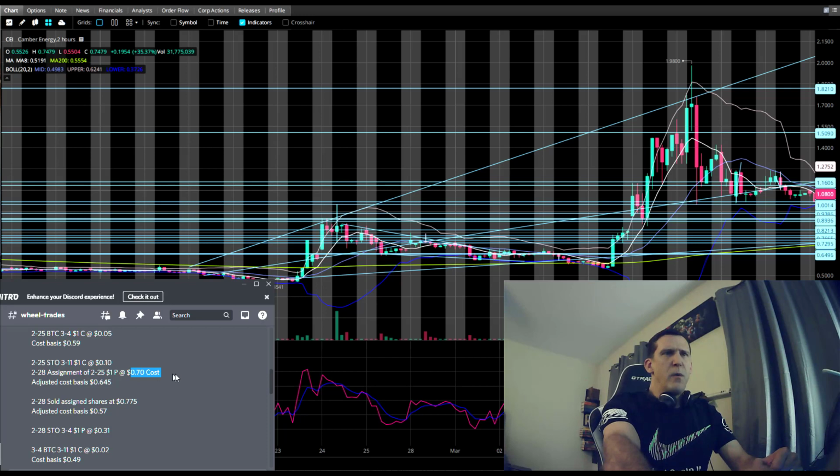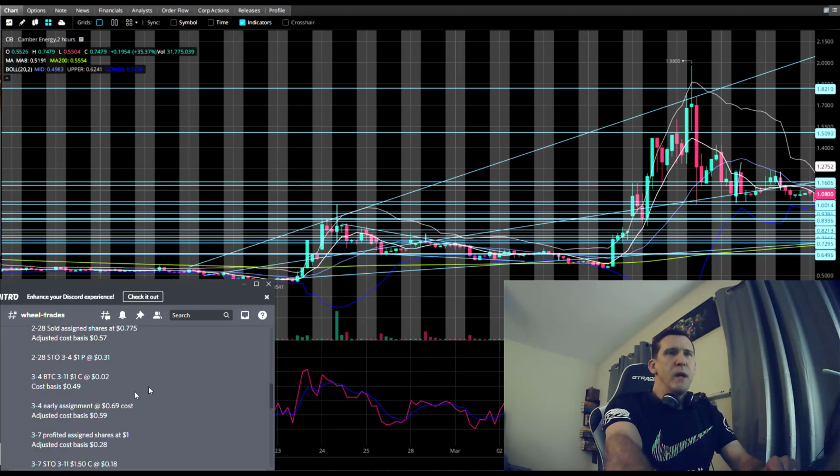So that adjusted cost basis went up from my 59 cents a share, obviously, because I was being assigned shares at a 70 cent a share cost basis. So it brought my cost basis back up a little bit, to 64.5 cents a share. Okay, no big deal. I'm still well within my means. Not a problem. I'm still reducing cost basis.